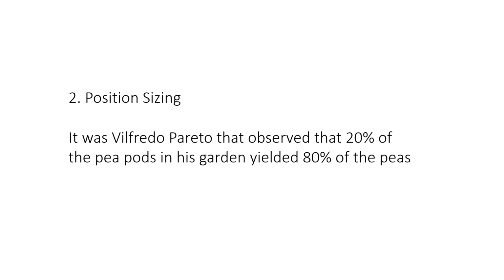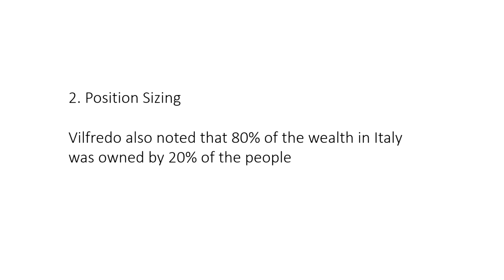It was Vilfredo Pareto who observed that 20% of the pea pods in his garden yielded 80% of the peas. Vilfredo also noted that 80% of the wealth in Italy was owned by 20% of the people.